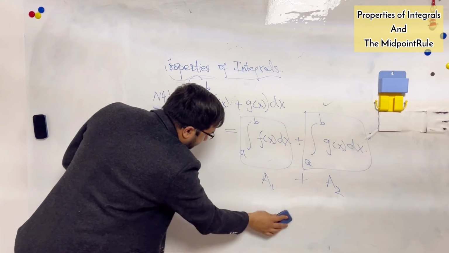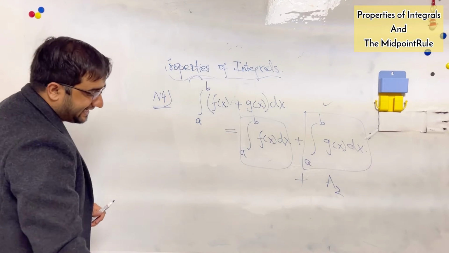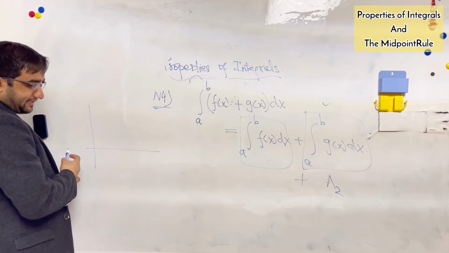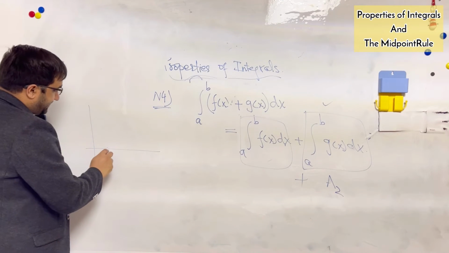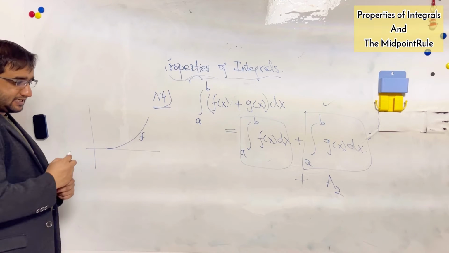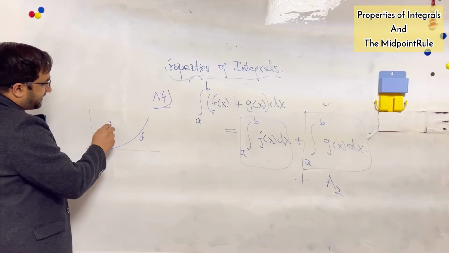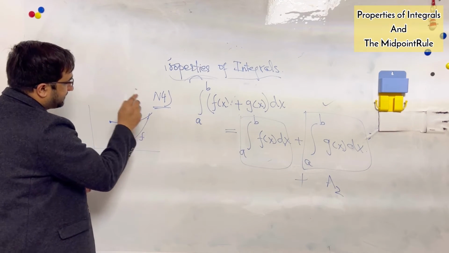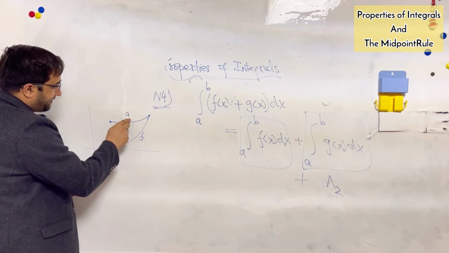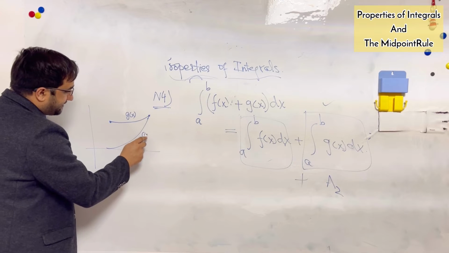If you want to know this by the area under the region, let me say this is the curve for the function f, and suppose there is another function giving me a curve like this, and they finish here. This is the function g of x and this is the function f of x.